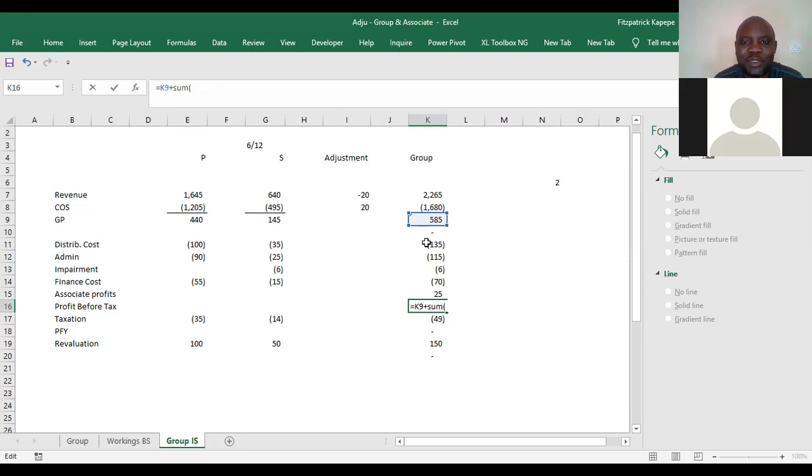I know, but we're supposed to subtract. So it's these numbers here. So you have a 284 as profit before tax. I hope that is what you have as well.